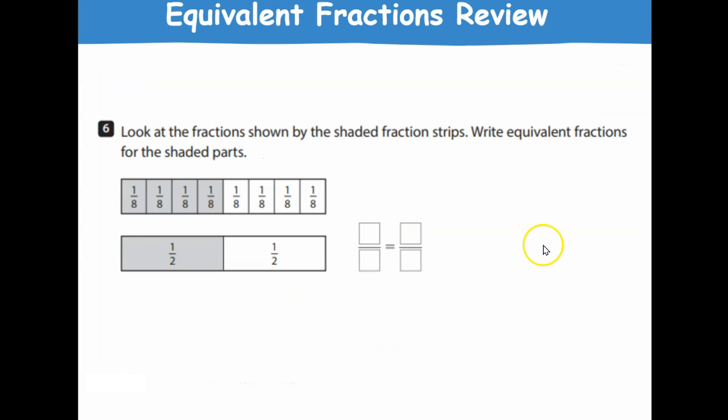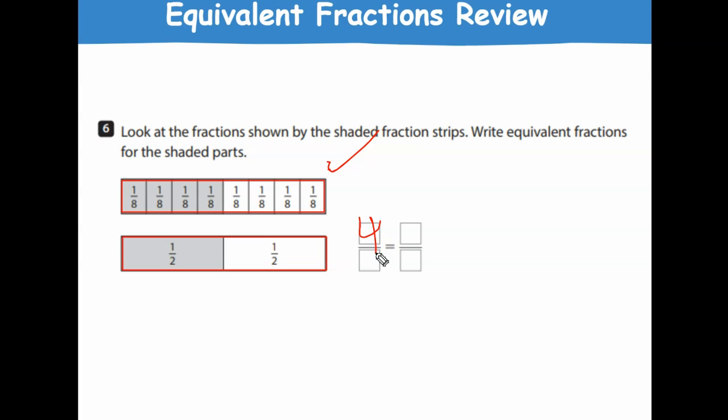But on this one, I want you to draw me a rectangle like this. Cut it into eighths. Draw me another rectangle like this and cut it into halves. So do that now. This fraction, the top part, how many are shaded in? 4.